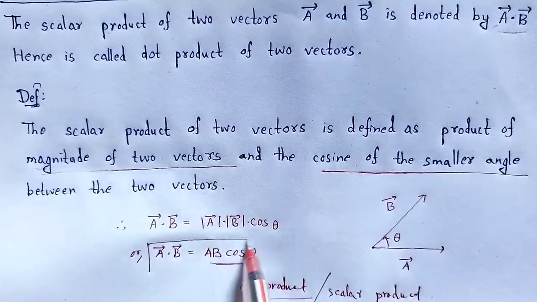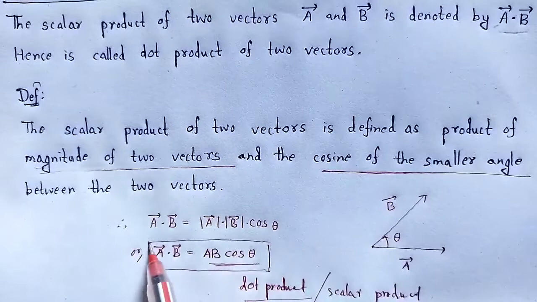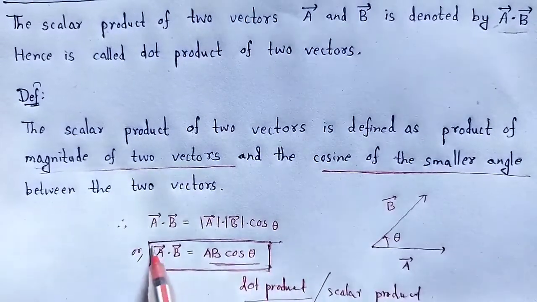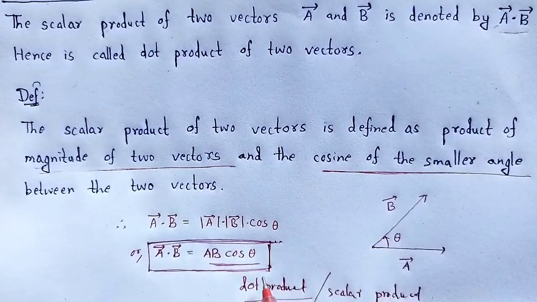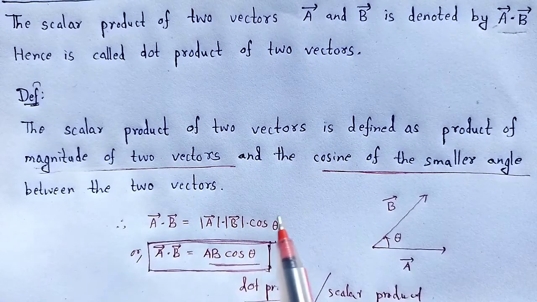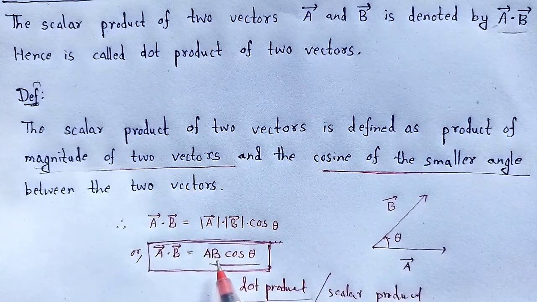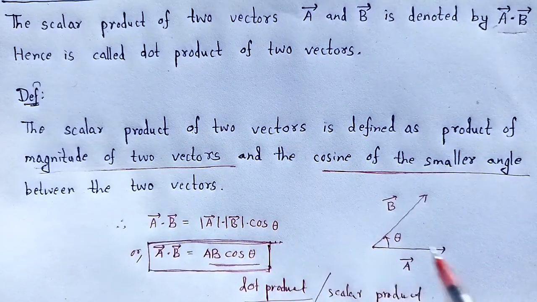So in this way, we define the product of two vectors. The dot product or the scalar product of two vectors is nothing but the product of magnitude of the two vectors and the cosine of the smallest angle between these two vectors.